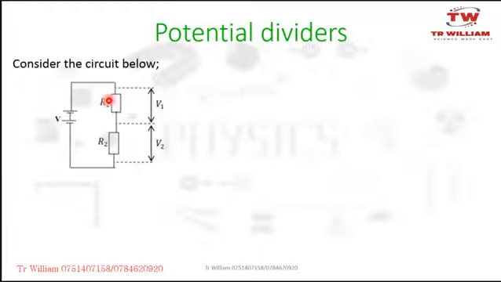The current passing through this resistor is the same current passing through this. It does not change, okay? But the voltage changes. The voltage across this resistor is not the same voltage across here. However, what we know is that the voltage supplied here is supplying all of them, but the voltage across each one of them is different, okay?